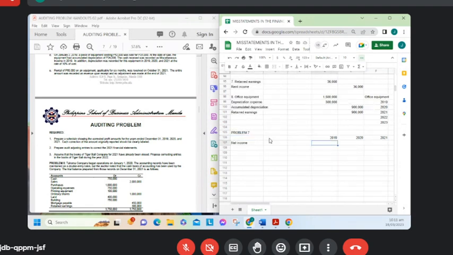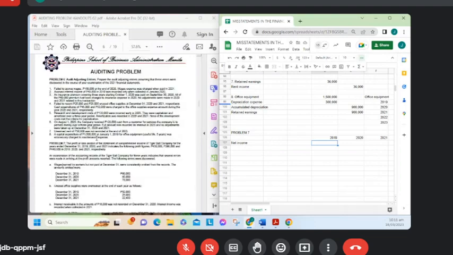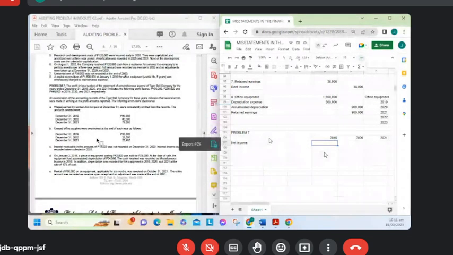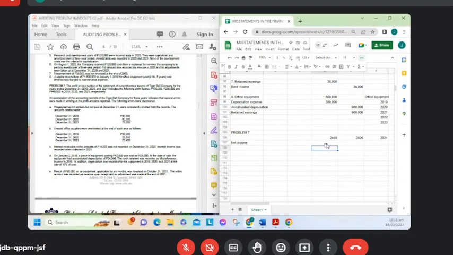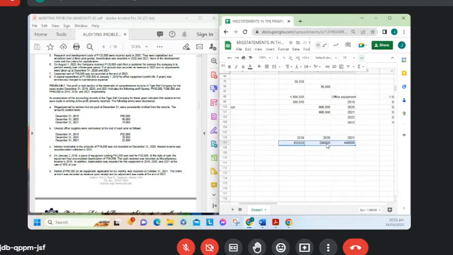So the net income in 2019 is 450,000, 290,000, 440,000.